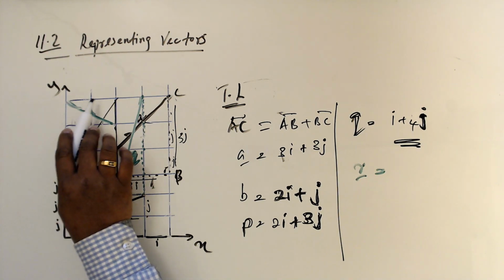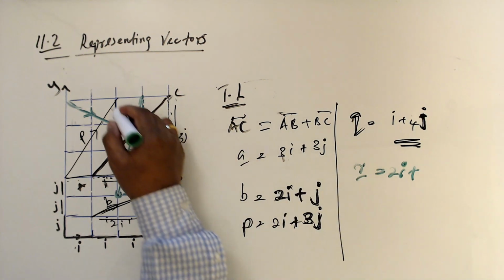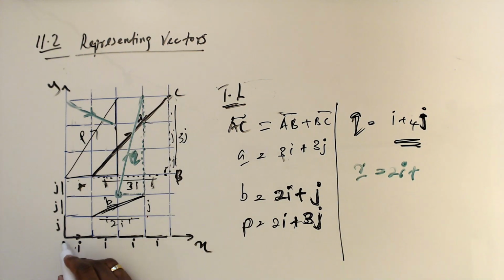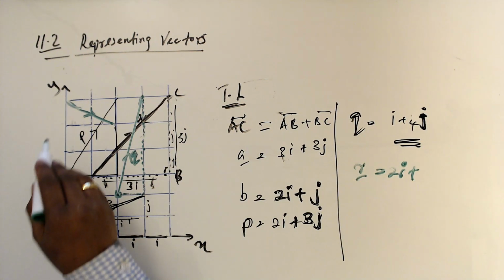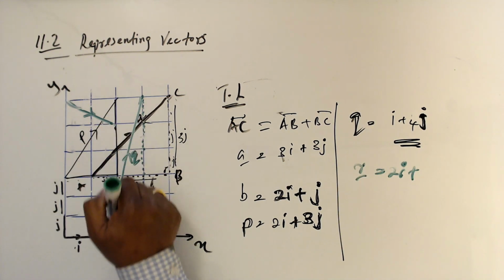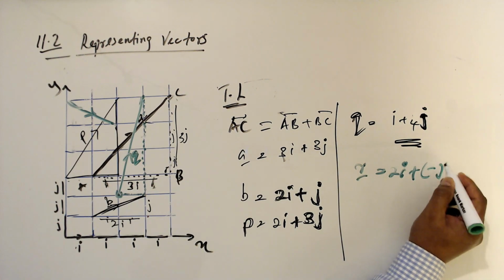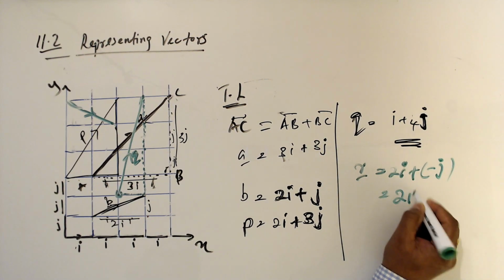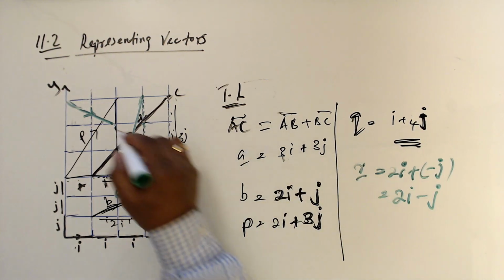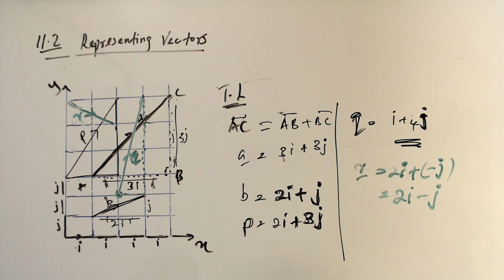So i and i make 2i, plus when you come down, the positive direction of y is j, but we are going in the opposite direction, so it has to be minus j. It means 2i minus j. So this r is 2i minus j.